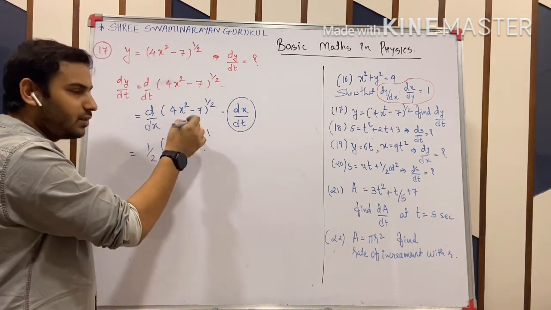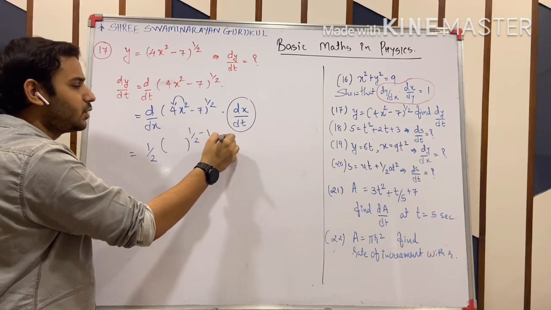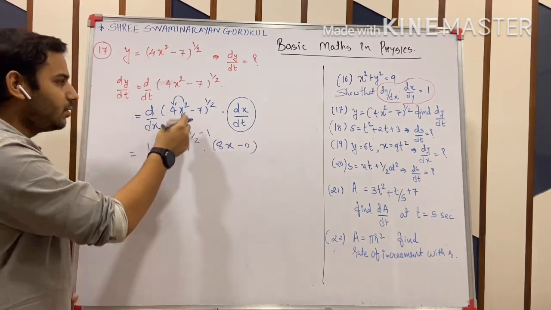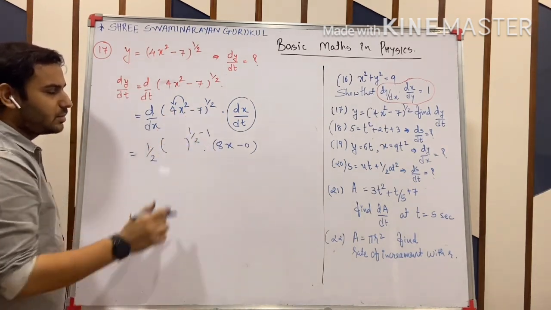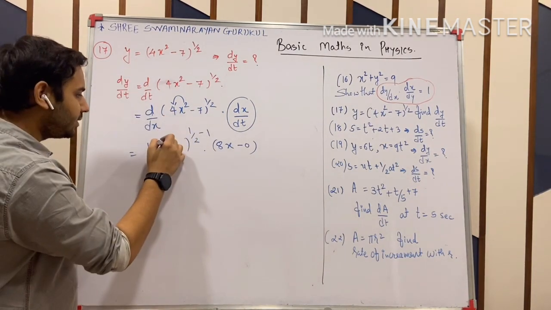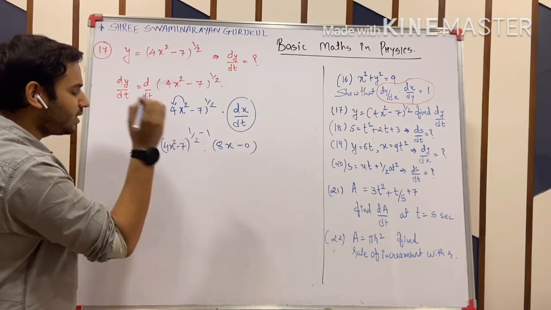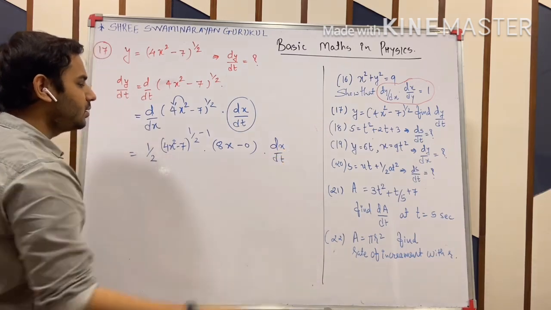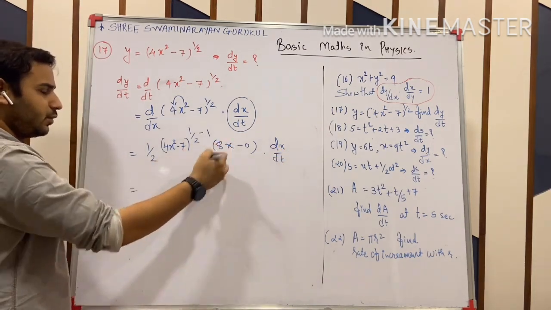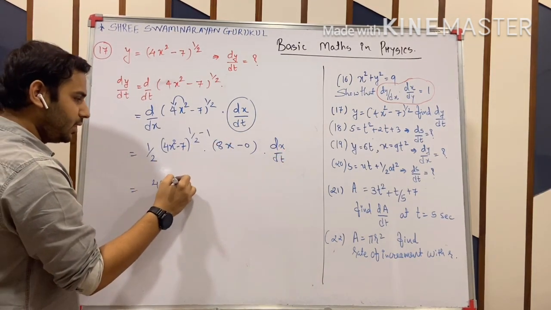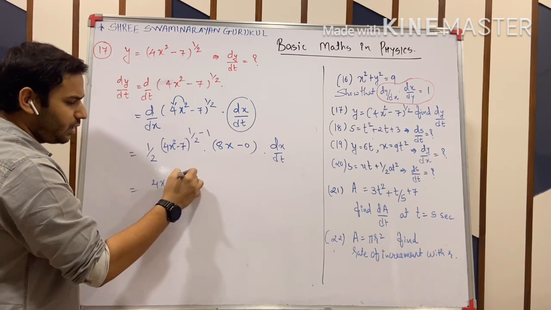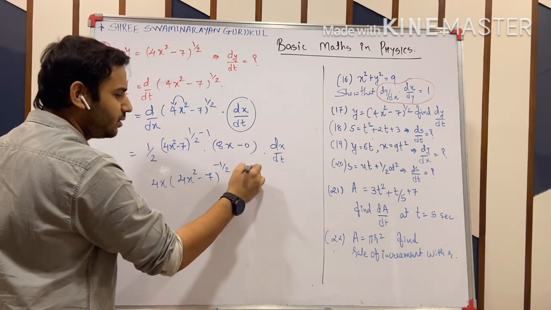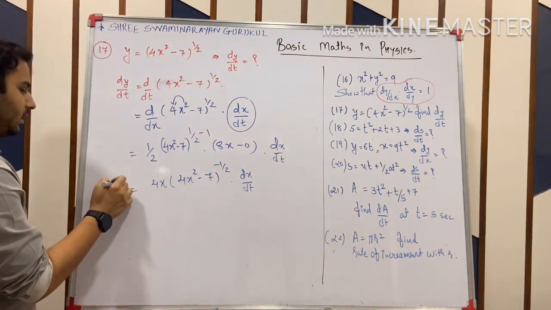Differentiation of 4x square: 2 times 4 is 8x. 7 is constant, so 0. And whatever the terms are in the bracket, write them down as they are: 4x square minus 7, into this term, dx upon dt. Final answer: 2 4s are 8, so 4x into 4x square minus 7 raised to minus 1 by 2, dx upon dt.